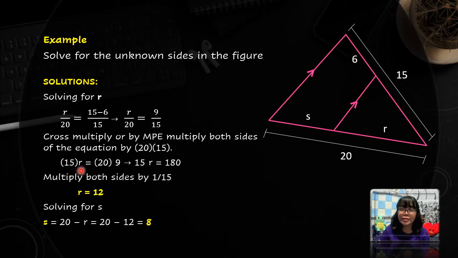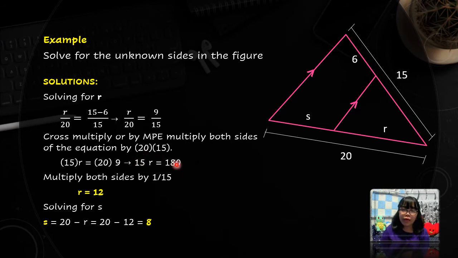So 15 times R is equal to 20 times 9. 15 times R is 15R, and 20 times 9 is 180. So 15R is equal to 180. Now, to solve for the value of R, we need to divide both sides of the equation by 15, or multiply both sides of the equation by the reciprocal of 15, which is 1 over 15.